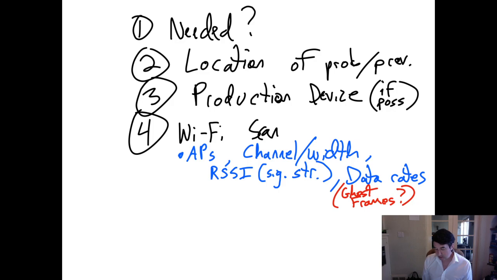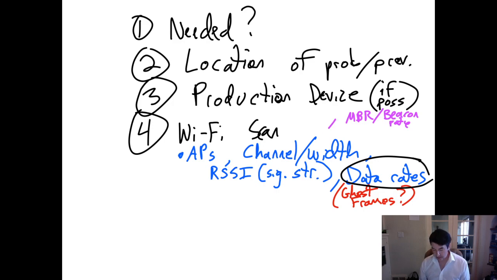The basic idea with the data rates is, specifically what we're talking about is your minimum basic rate or your beacon rate. If your minimum basic rate or your beacon rate is 6 megabits per second, then the scan is "real."